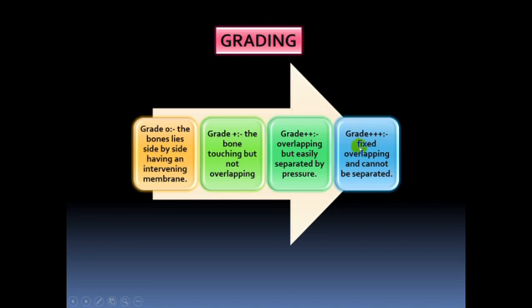Grade 3, when there is fixed overlapping that is difficult to separate even by pressure from the examining finger. Grade 3 indicates severe molding, which may indicate prolonged or even obstructed labor, with a risk of damage to the brain in such cases.